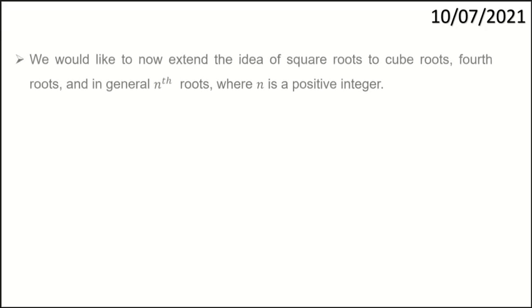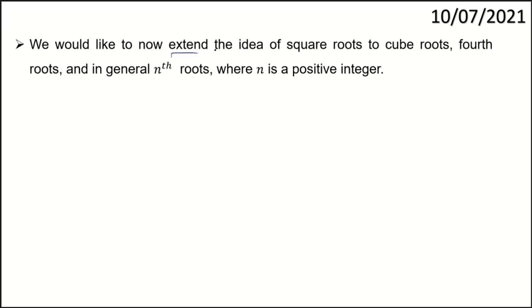Now we will extend the idea of square roots to cube roots, and further to fourth roots, fifth roots, and in general nth roots, where n is a positive integer.